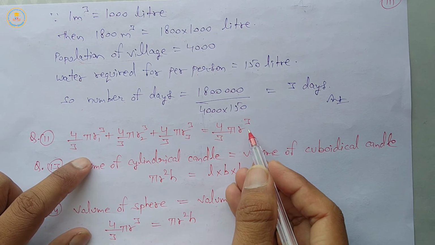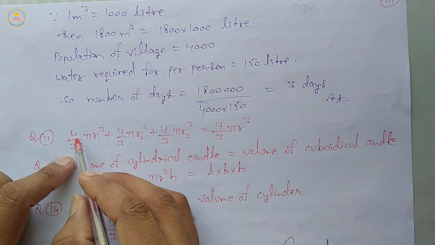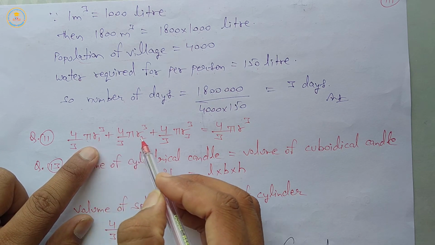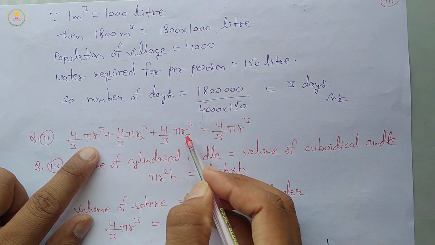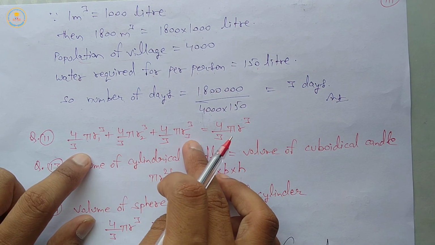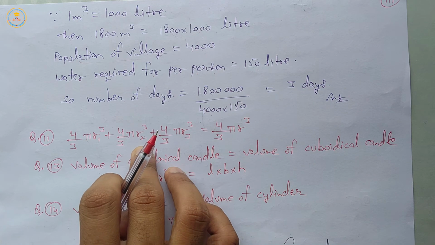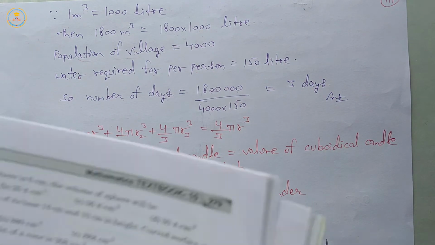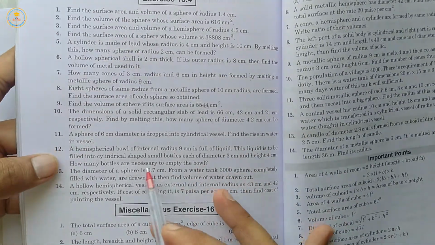So first, 4 upon 3 pi r1 cube. First sphere radius r1, second sphere radius r2, third sphere radius r3. Radius of 3 spheres are given according to the question.